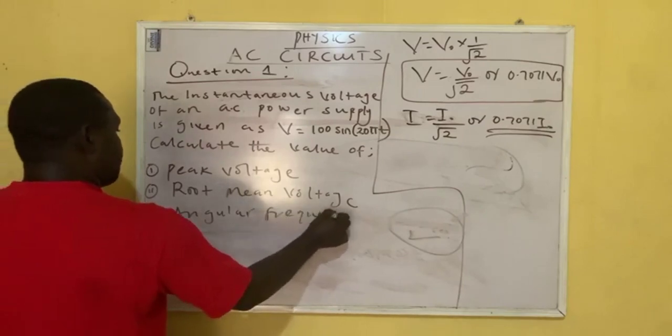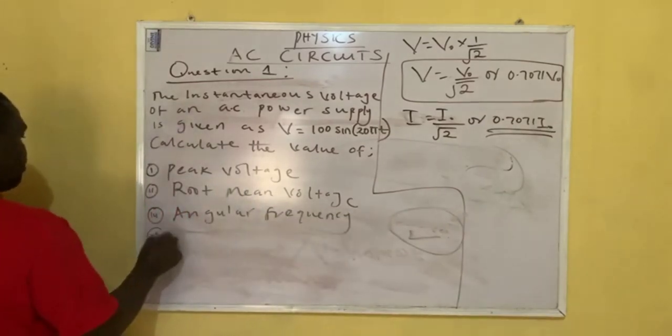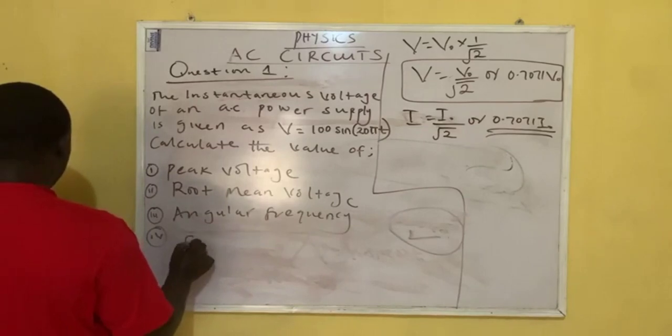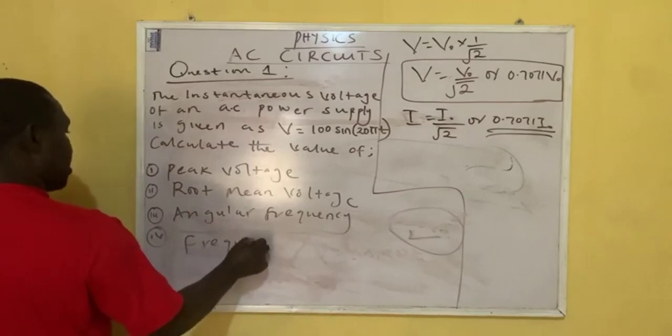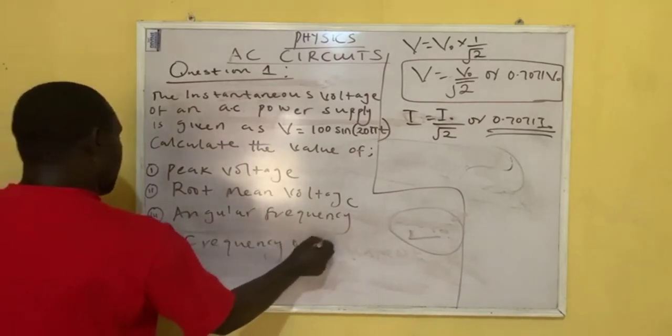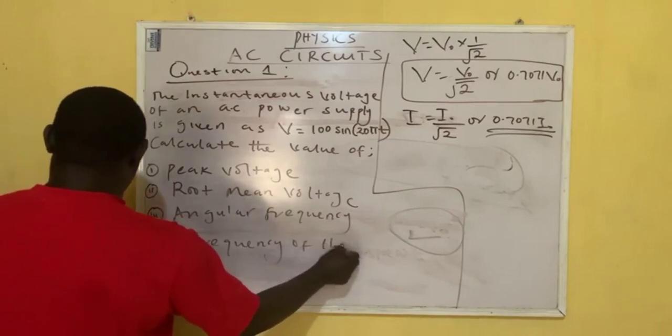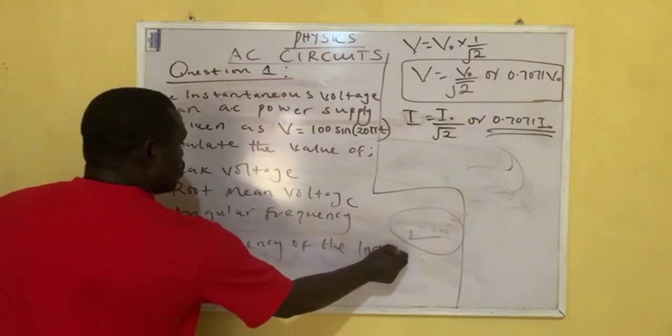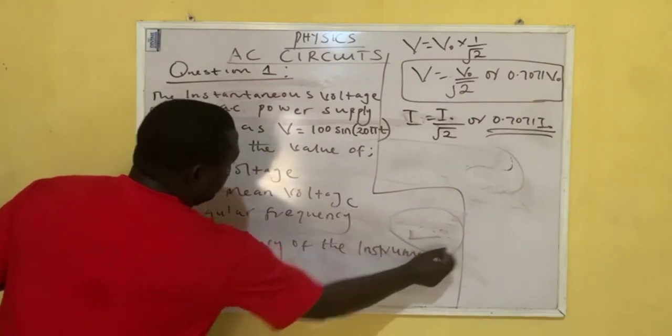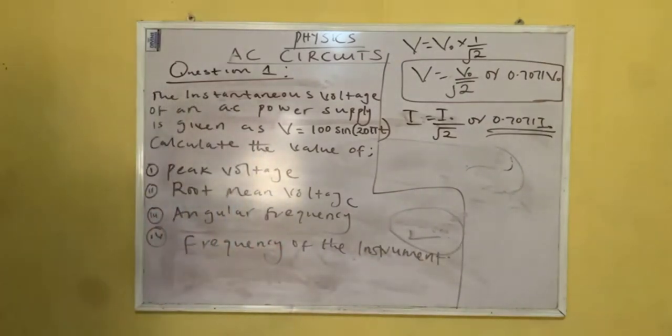I told you angular frequency is the same thing as angular velocity. And then number 4, the frequency of the instrument. So these are 4 questions from the given equation.